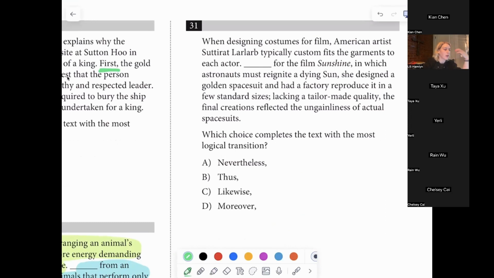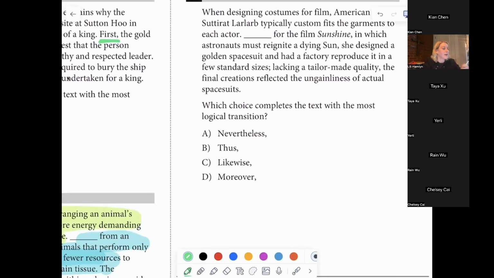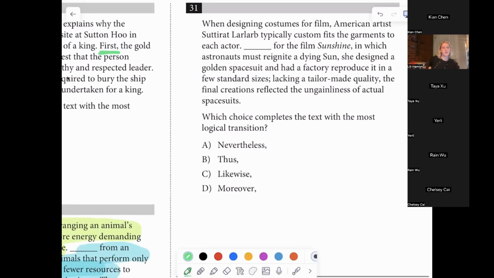For the film Sunshine, in which astronauts must reignite a dying sun, she designed a golden spacesuit and had a factory reproduce it in a few standard sizes, lacking the tailor-made quality. The final creations reflected the ungainliness of actual spacesuits. What's the relationship here? What do you guys think the relationship is?